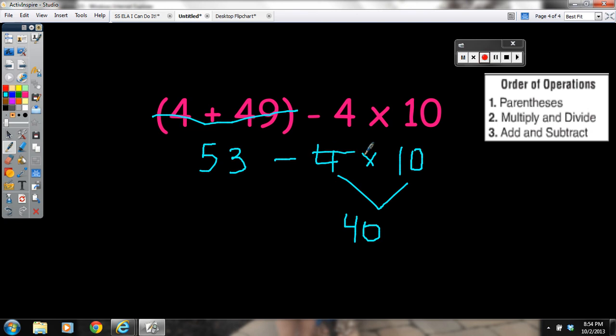I cross out the 4, I cross out the multiplication symbol, and I cross out the 10, and I bring down the minus and the 53. And I'm left with a very basic expression, 53 minus 40, which would give me a value of 13. Therefore, the value of this entire expression would be 13, because I followed the order of operations.